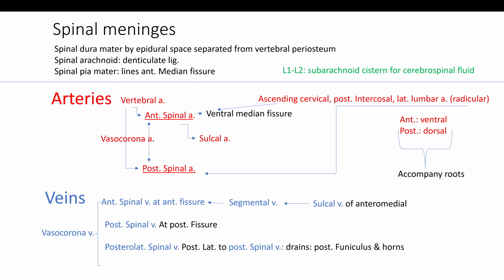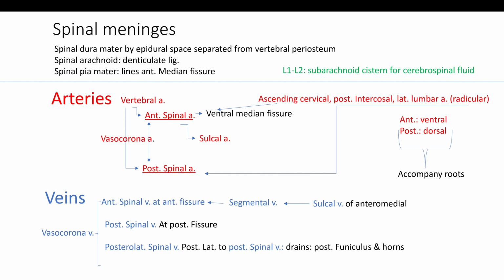From the anterior spinal artery also comes the sulcal artery, which supplies the spinal cord segmentally. Then there's the posterior spinal artery, again also a branch of the vertebral artery. So it's the dorsal part, but it doesn't form one blood vessel.